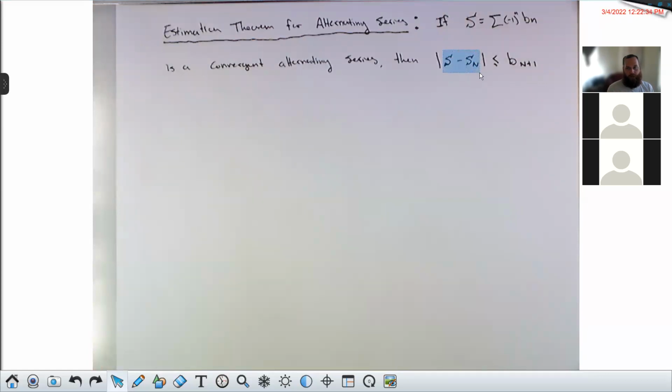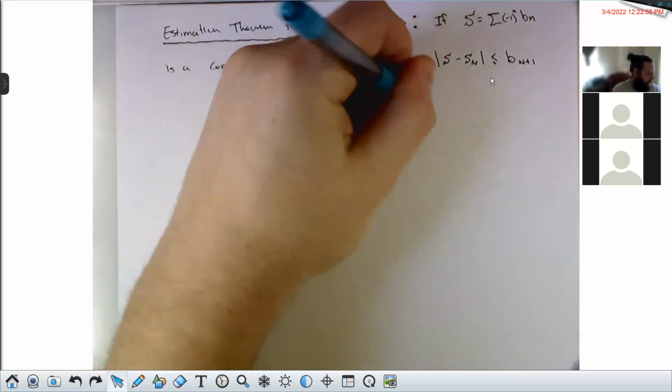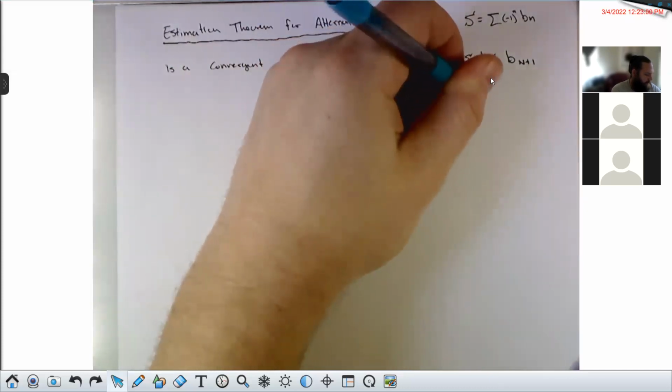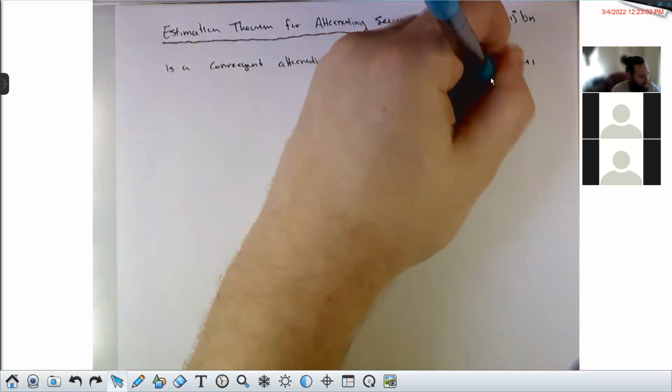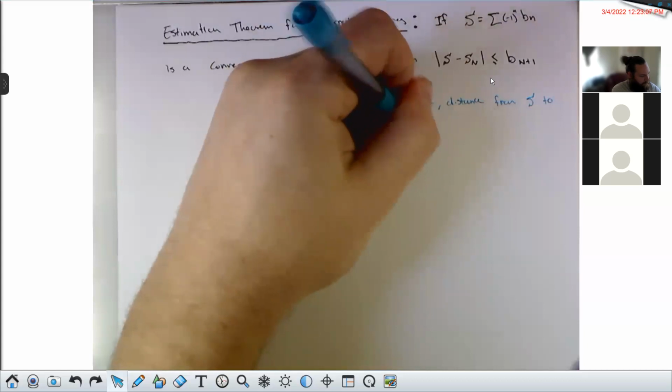When you subtract them, what that tells you is how far Sn is from S. So the absolute value of S minus Sn, this is the error or difference or distance from S to Sn.